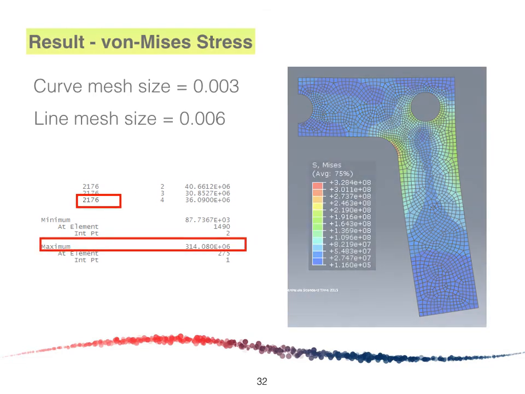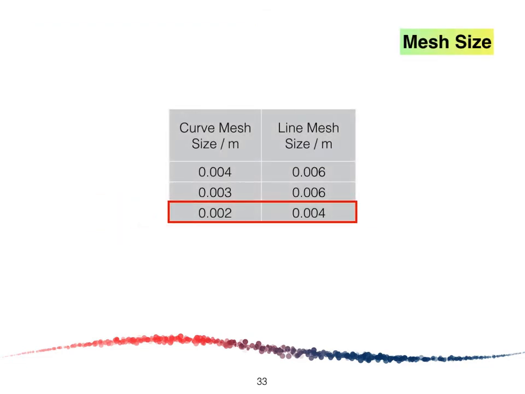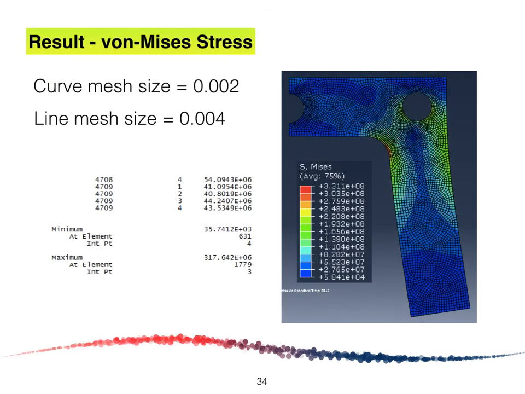Keep repeating. The next one is 0.002 for the curve and 0.004 for the line, and the solution will be here. The maximum stress is slightly larger compared to the previous, at 317 megapascal, and the maximum number of elements is 4709.